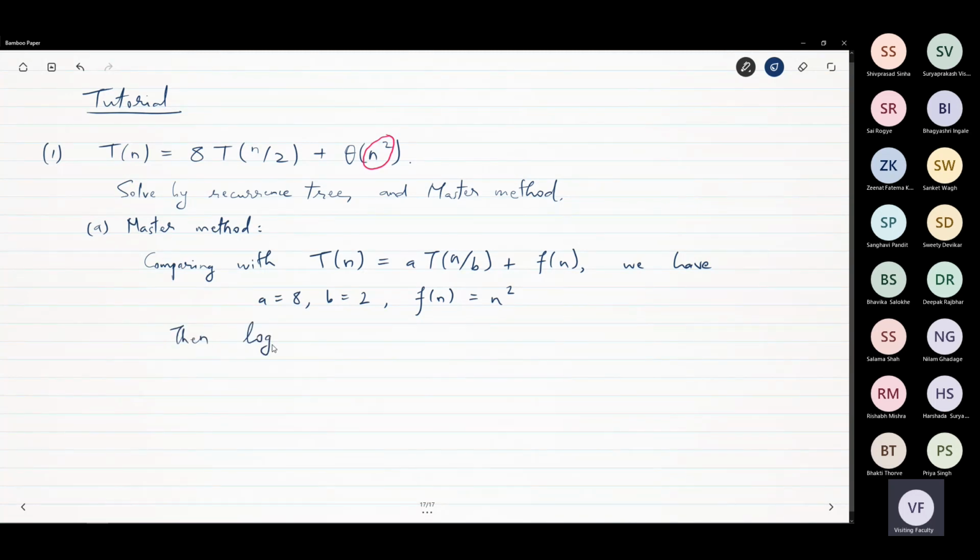We need to know what log a to the base b is, equal to log of 8 to the base 2. How much is this equal to? Log 8 to the base 2. How much is this?